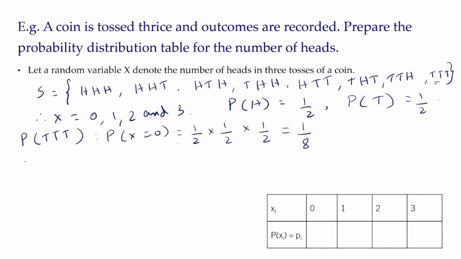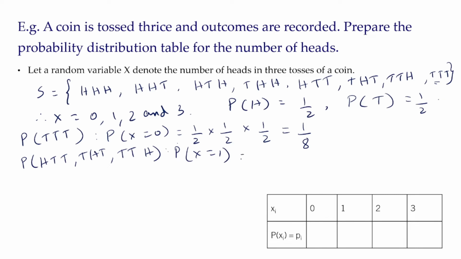Then let us find P(x=1). This is possible when we have the outcomes HTT, THT and TTH. In all these cases, we will have x equal to 1.